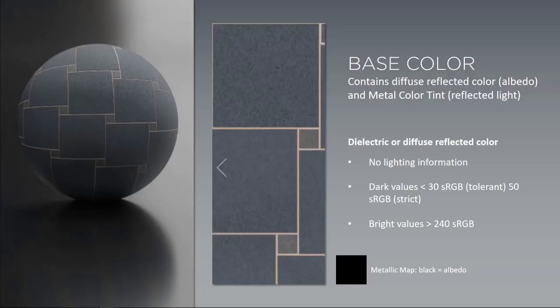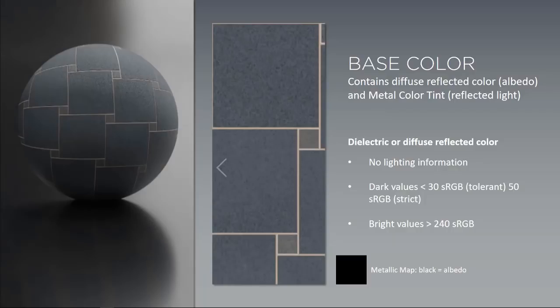So we want to make sure that we're focusing on the fact that this is using a metallic roughness workflow, which means it has a metallic map. And this metallic map is basically just a grayscale mask, where black equals non-metal and white values equal metal. And that mask is used in conjunction with the base color.